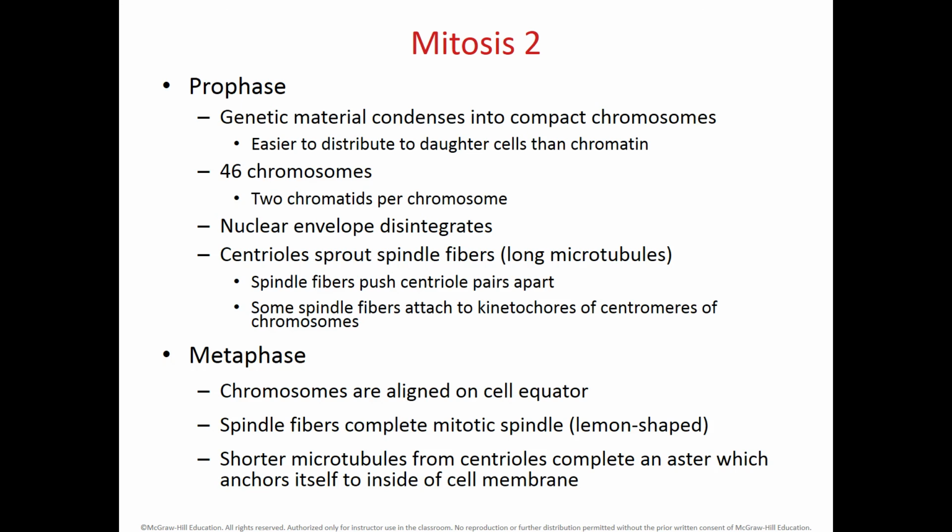Once they are aligned, you will have the completion of the mitotic spindle, in which the microtubules connected to the kinetochores of the chromosomes will start pulling the sister chromatids toward the different poles of the cell. By this time, you have one centriole at one end of the cell, because we have a pair of centrioles, and the other centriole at the opposite end. So you form a structure that is called an aster.